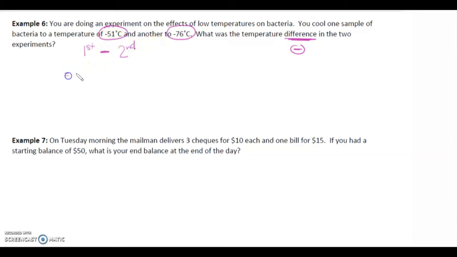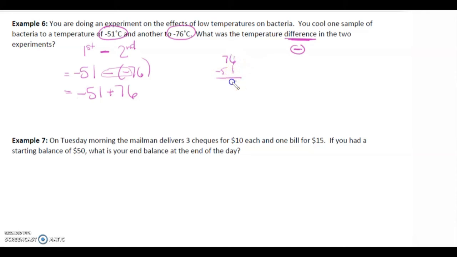So we're going to do -51 minus, and then -76. So because we have a double negative sign here, let's simplify that to a positive sign. So -51 plus 76. So we can either put this into our calculators, or we can take a look at the signs. So we have a negative and a positive, which means no matter what, we're going to subtract these.